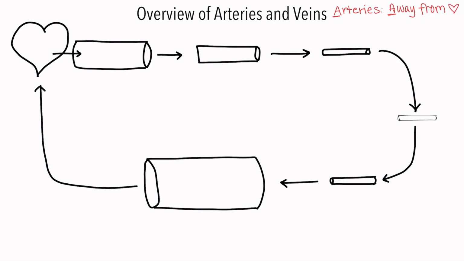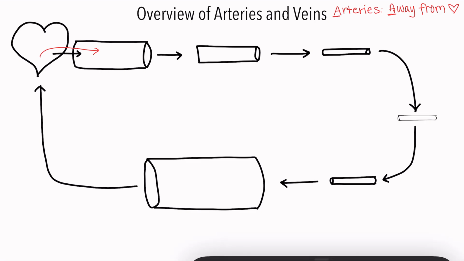There are two circuits that move away from the heart. The left side of the heart will send blood to the systemic circuit, which is going to go to all your organs. And then there's the smaller pulmonary circuit that just carries blood to and from your lungs. And on what I'm showing you right here, in general, we can be thinking about the systemic circuit.